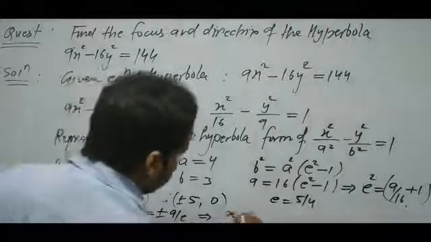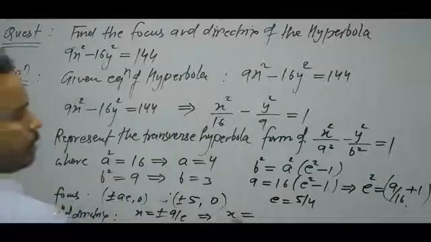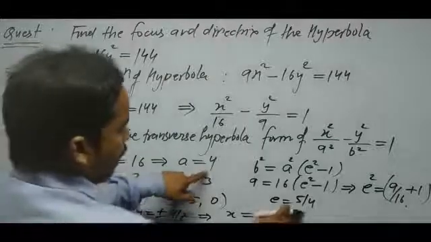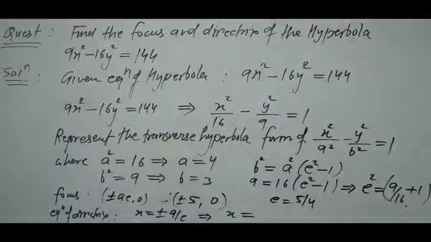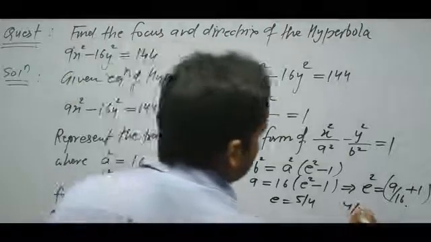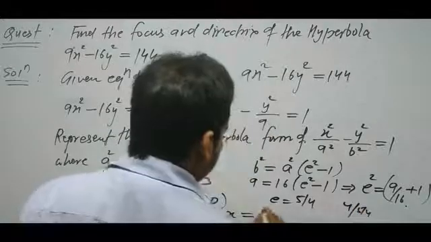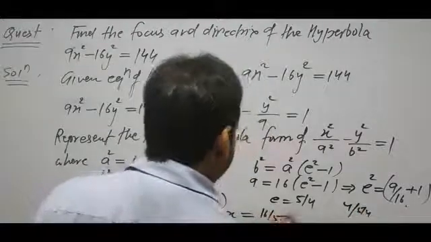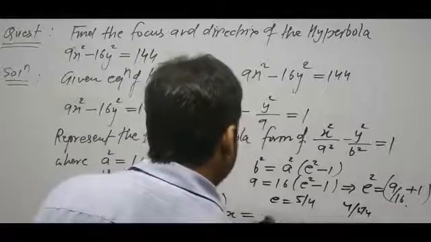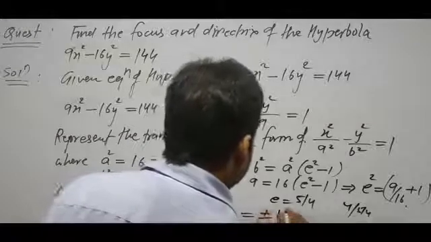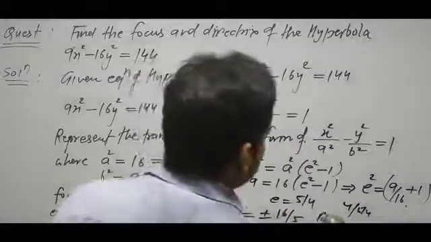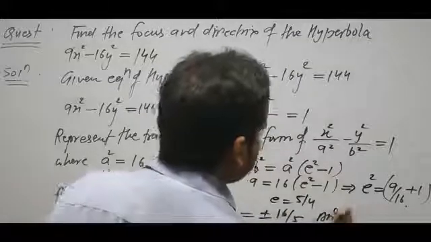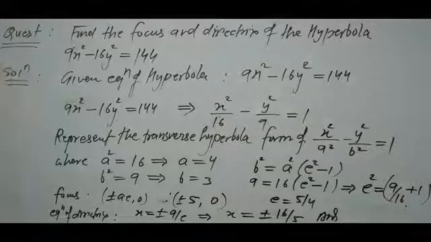Now a is 4 and e is 5 by 4. So 4 upon 5 by 4 means 16 by 5. Now we can write plus minus 16 by 5. Now this is the answer. See, now this is totally completed.